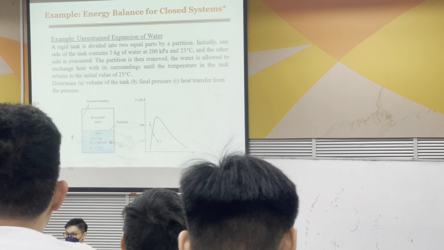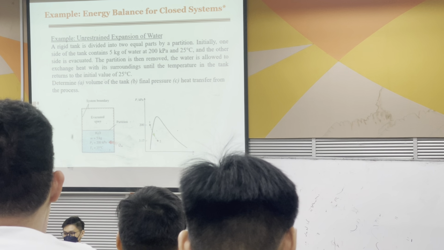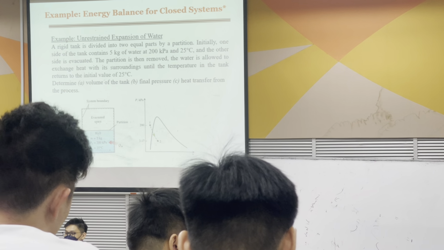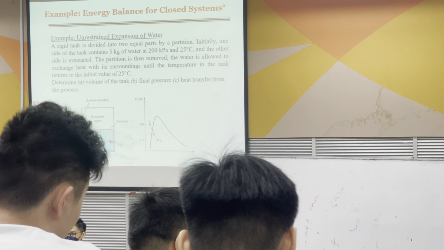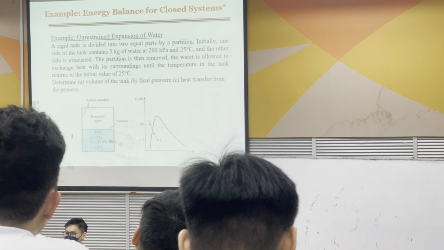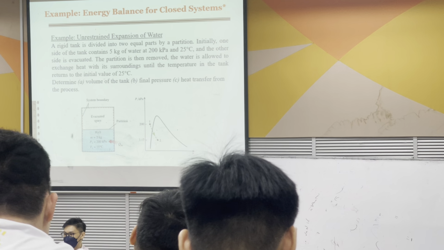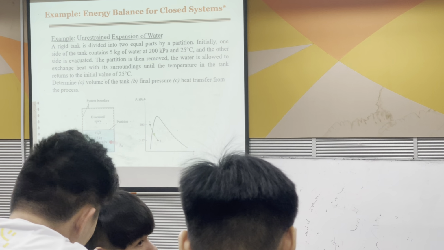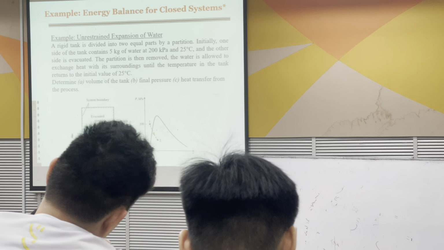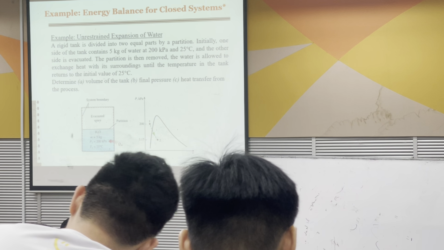Okay, now the next question, I'll let you try. Here we have an unrestrained expansion of water. A rigid tank is divided into two equal parts by a partition. The diagram kind of tells you what happens, so you can try based on that also.